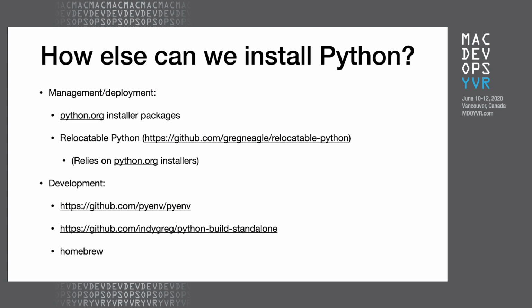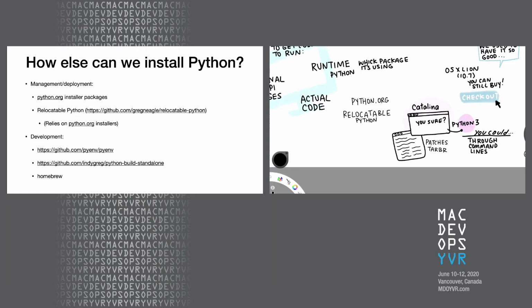For your own development, there's a few options. If you are working in Python day-to-day on your own system, you can look at the pyenv tool, which is a tool that will make it easy for you to install different builds of Python, different versions, and also switch between them very easily. So you can do things like set a global default version.